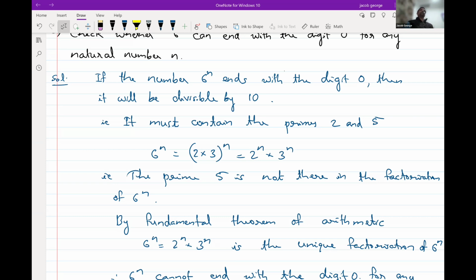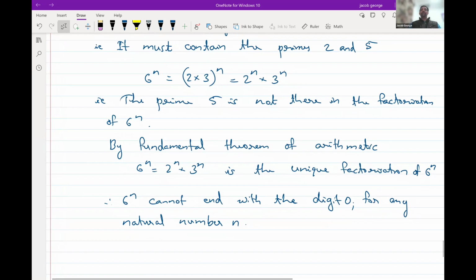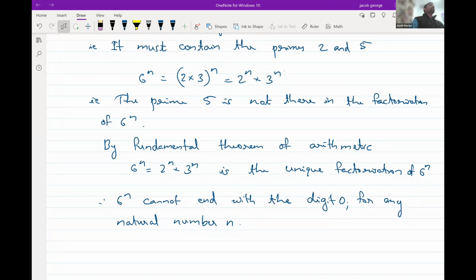But 6 raised to n is 2 into 3, the whole raised to n, or 2 raised to n into 3 raised to n. That is, the prime 5 is not there in the factorization of 6 raised to n. Is it clear? By fundamental theorem of arithmetic, 2 raised to n into 3 raised to n is the unique factorization of 6 raised to n. Therefore, it cannot end with the digit 0. The logic is, it must be divisible by 10, meaning 2 and 5 must be there.